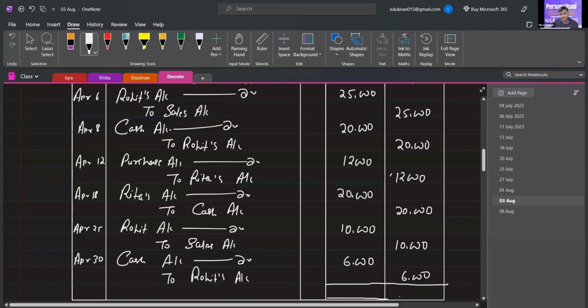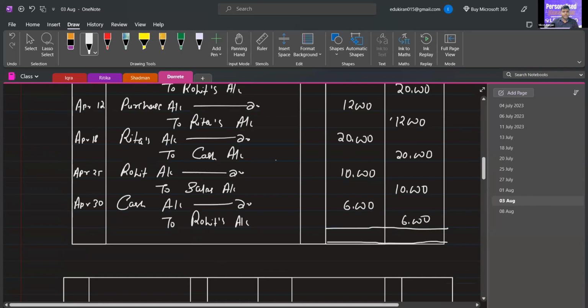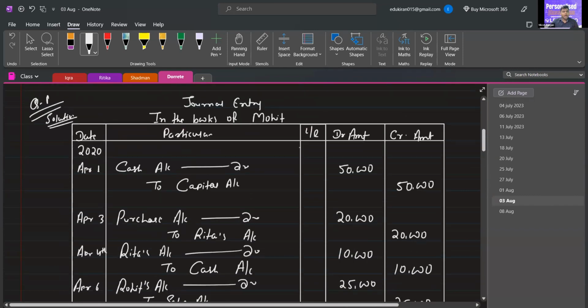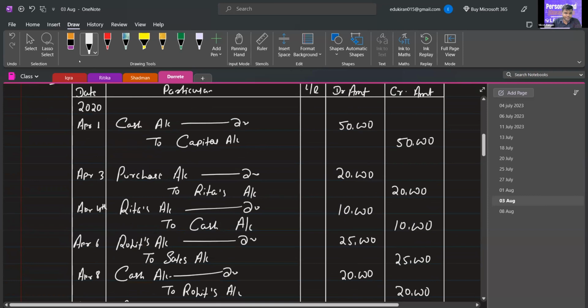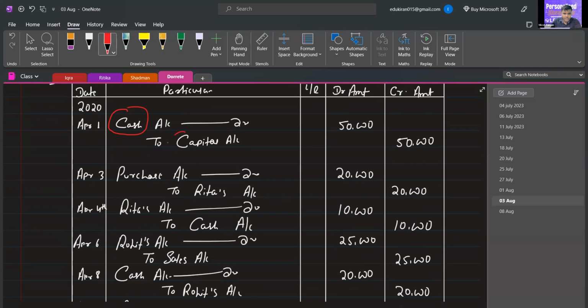Now we will prepare the ledger. So in this journal, how many accounts do we have? Cash account 1, capital account 2, purchase account 3, Rita account 4, Rohit account 5, and sales account 6.